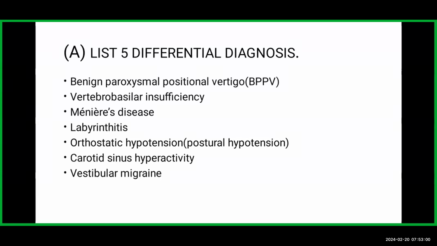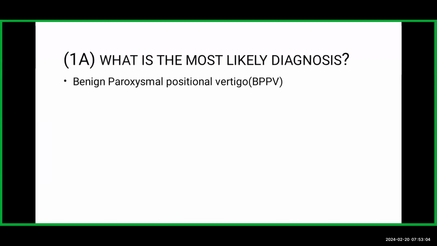The next question says, what is the most likely diagnosis? The most likely diagnosis in this patient is benign paroxysmal positional vertigo. Why did I entertain that possibility? Because, one, it's commoner in females, usually 60 years and above.